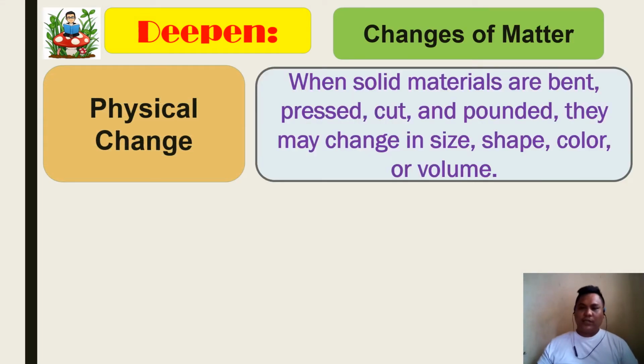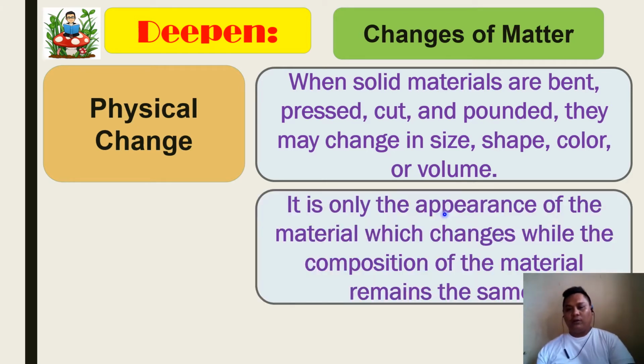So, ano nga ba ang physical change? Physical change is when solid materials are bent, pressed, cut, and pounded, they may change in shape, color, or volume. They change in size, shape, and color. It is only the appearance of the material which changes while the composition of the material remains the same.